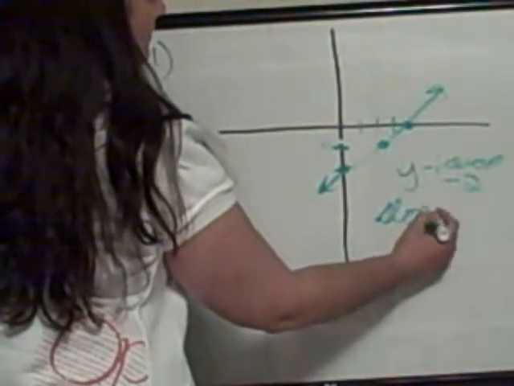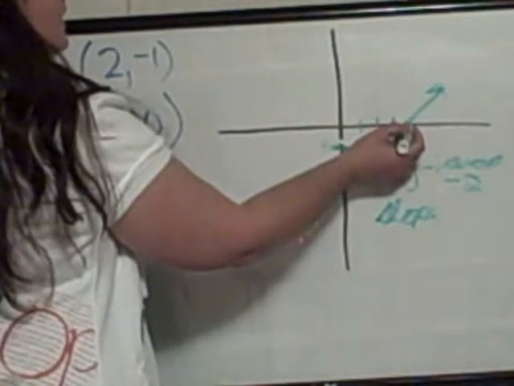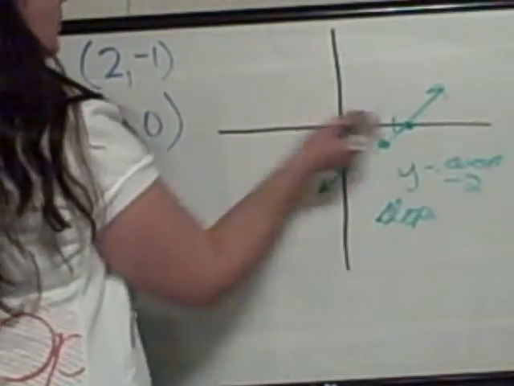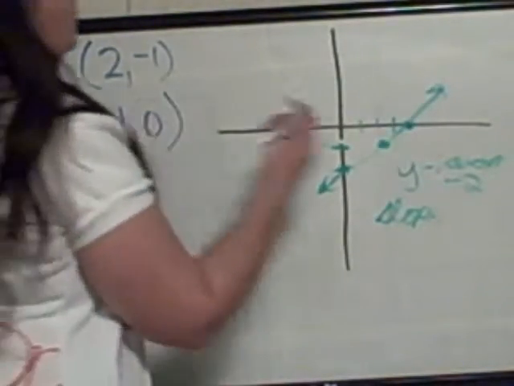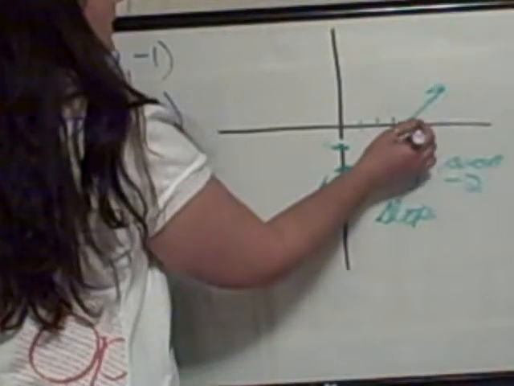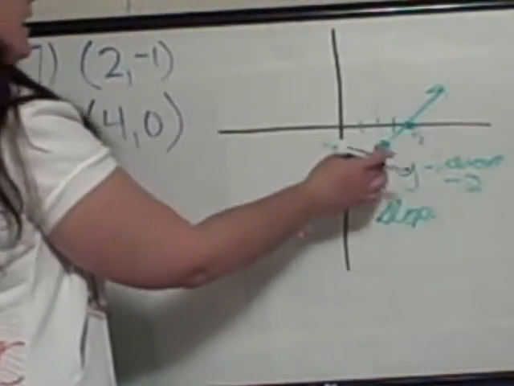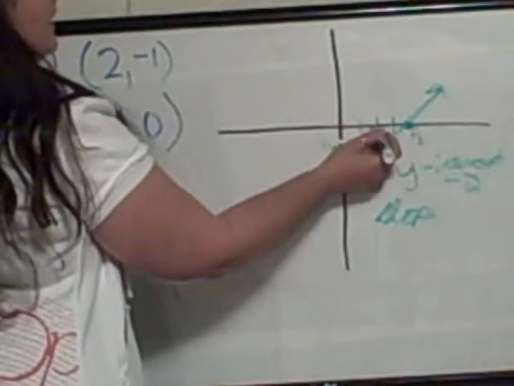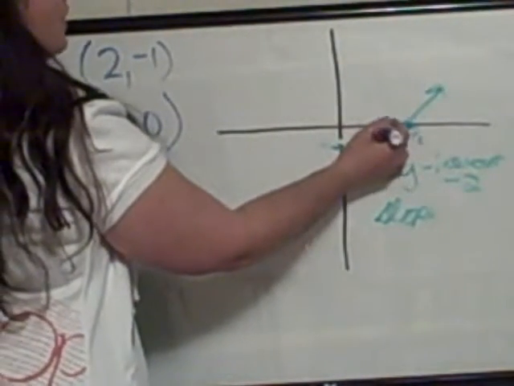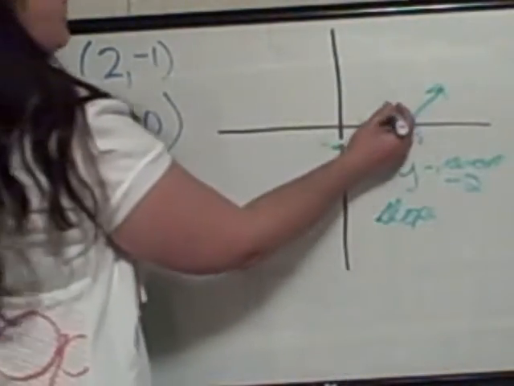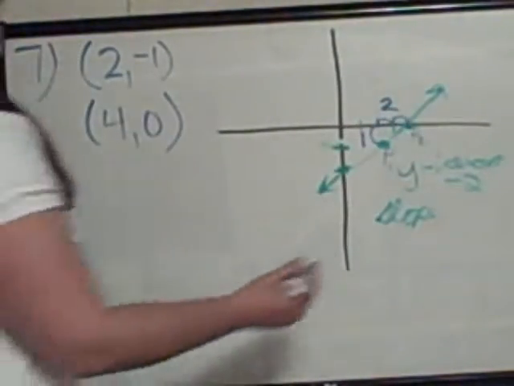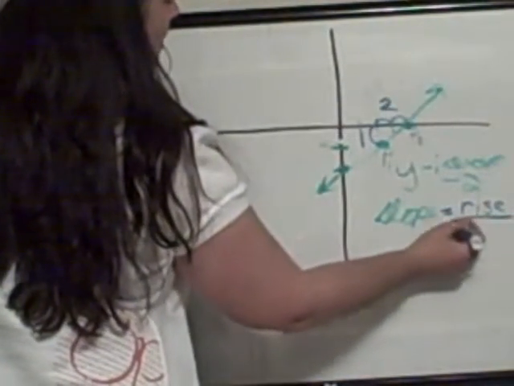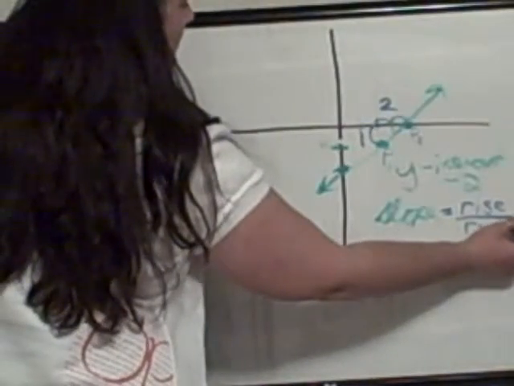The slope is going from this point to this point, or this point to this point. So let's say this point is point 1, and let's say this point is point 2. How do I get from point 1 to point 2? I go up 1 space, and then over 2 spaces. Remember, slope represents the rise over the run.